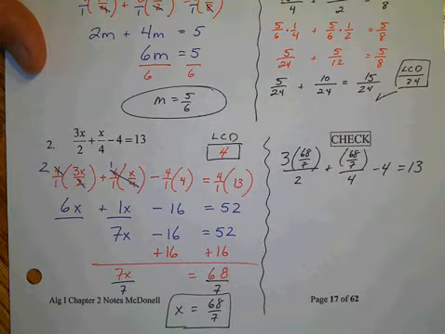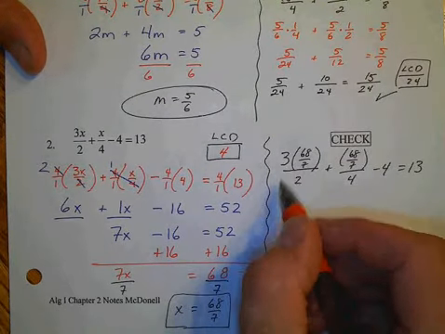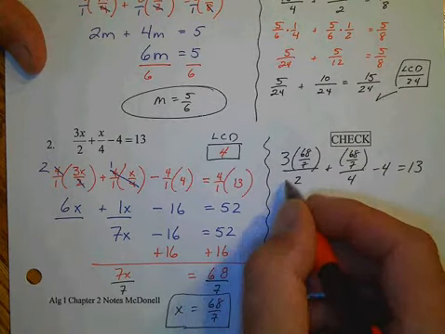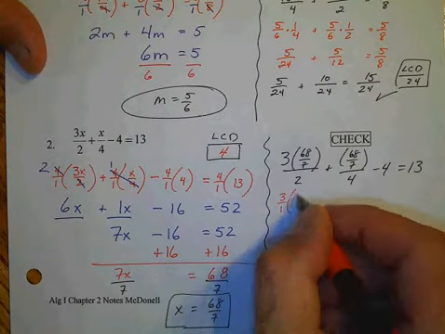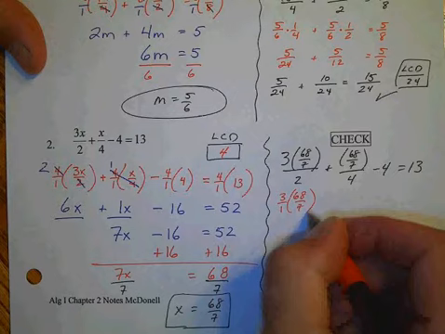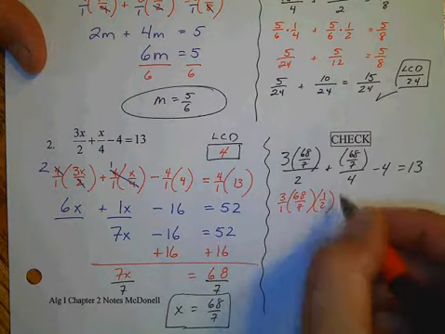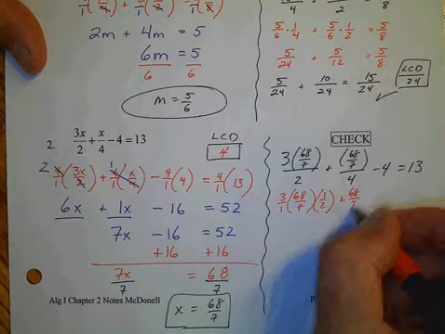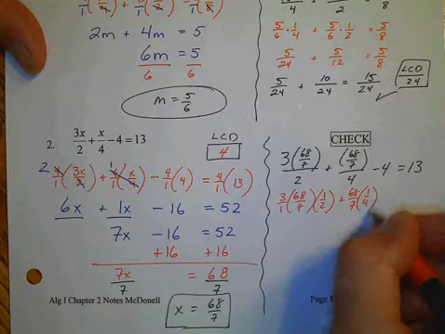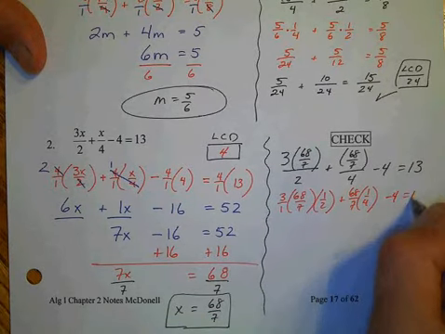As we work through this, we're going to try to simplify this: that's 3 over 1 times 68 over 7 times 1 over 2 plus 68 over 7 times 1 over 4 minus 4 equals 13.